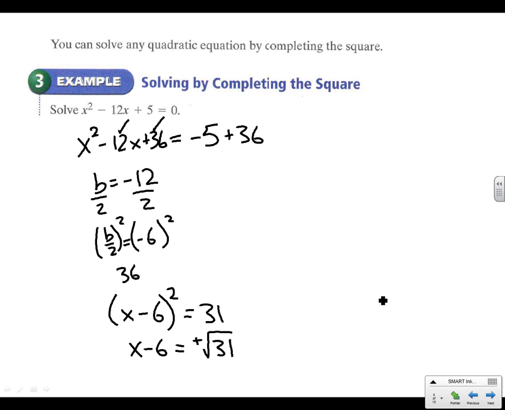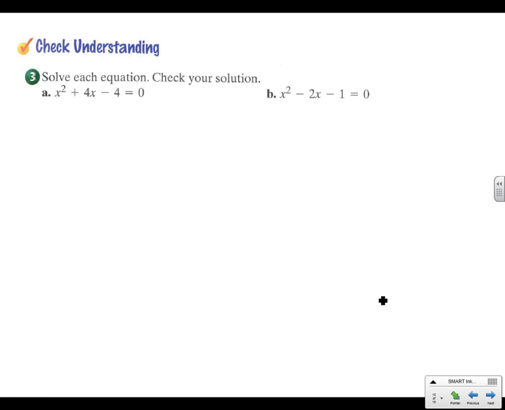Don't forget your plus or minus. And then to finish it, we're going to write x equals 6 plus or minus the square root of 31. And that would be our answer. So we get x by itself that way. See if you can do the exact same steps for understanding check number 3.